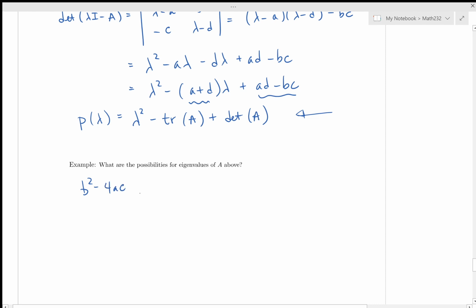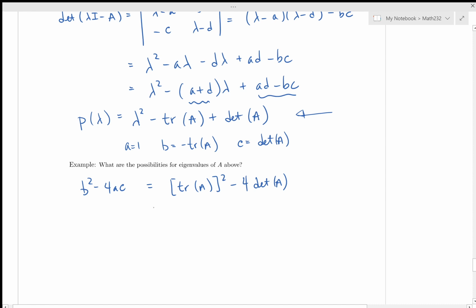So what are the possibilities? Let's figure out what b squared minus 4ac is. We can see here a is 1, b is minus the trace of A, and c is the determinant of A. So the discriminant in the quadratic formula is the trace of A squared minus 4 times the determinant of A. What can happen?